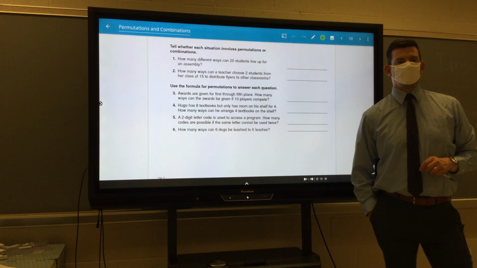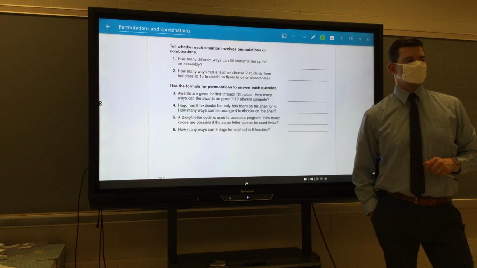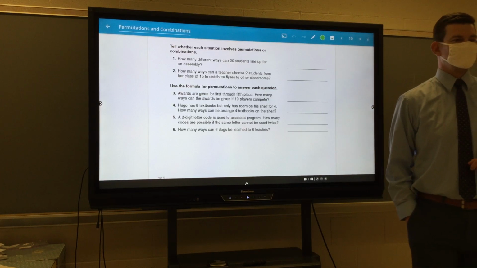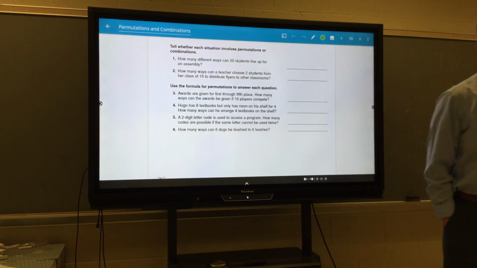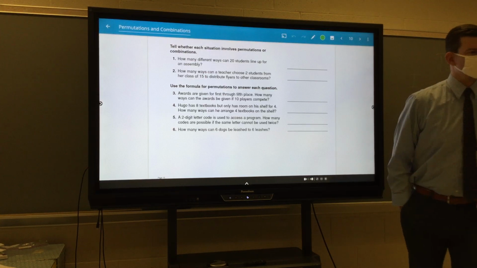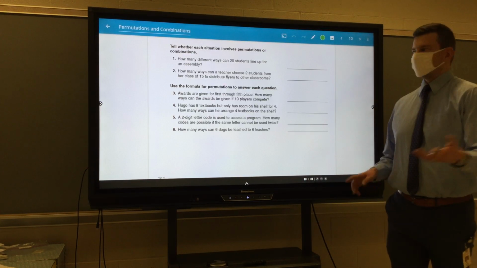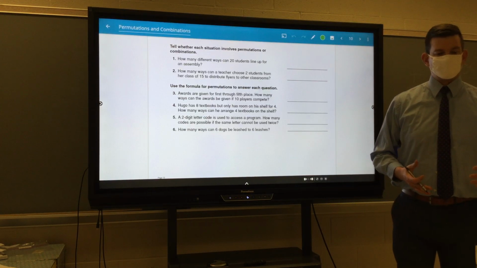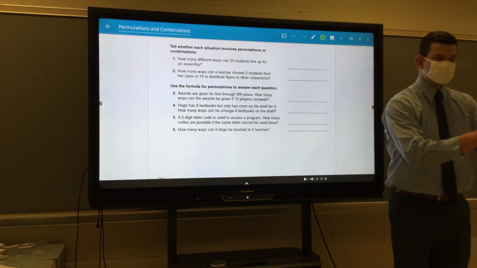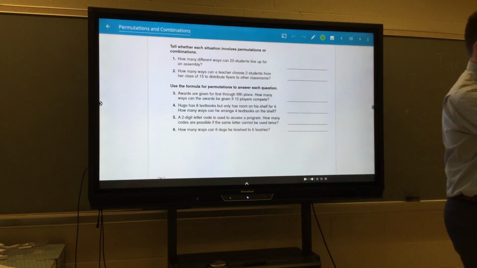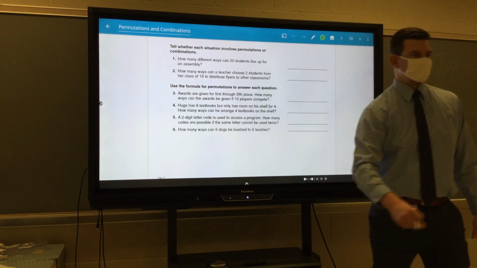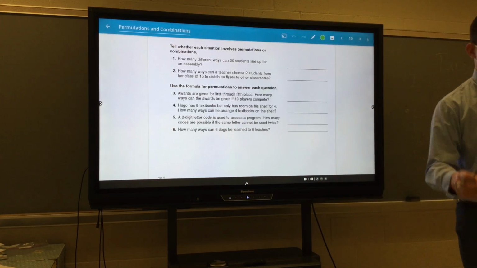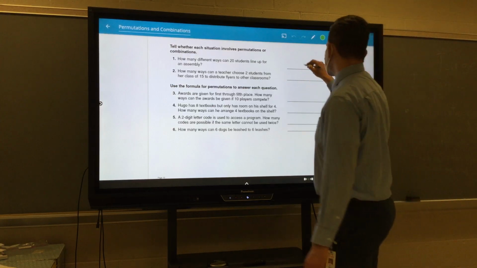You remember back in elementary school, it was a big deal to be first in line, whether you're going to an assembly or a lunch or something. Okay, that's a permutation. The order does matter. Having student A, then B, then C, that's different than student C, then student N, then student H. This is a permutation here.